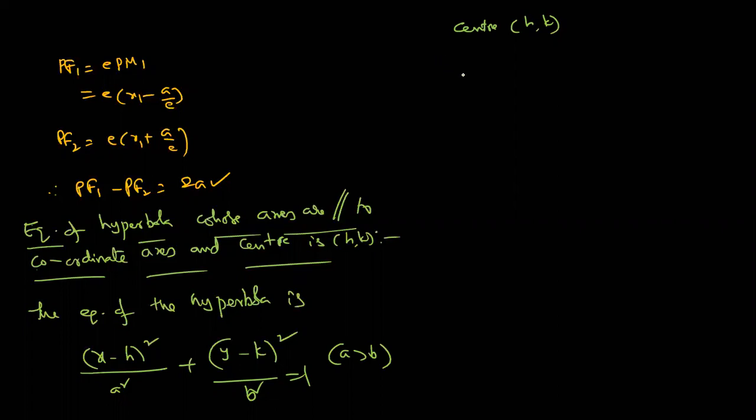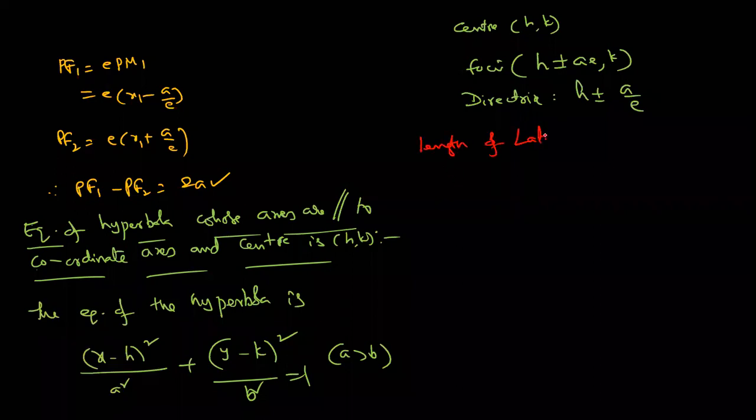Next. So what are the foci? That is h plus or minus ae, comma k. What is the equation of the directrix? x equals h plus or minus a by e, not changing. Now, the length of the latus rectum.